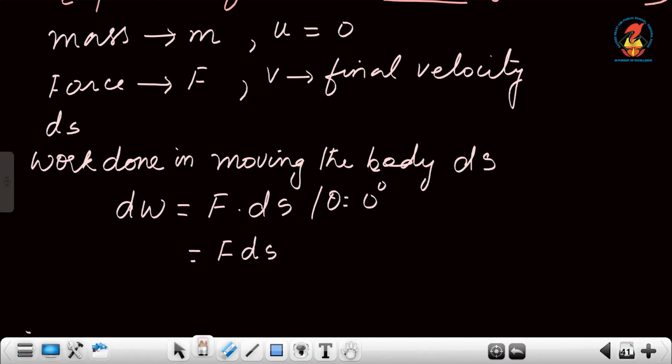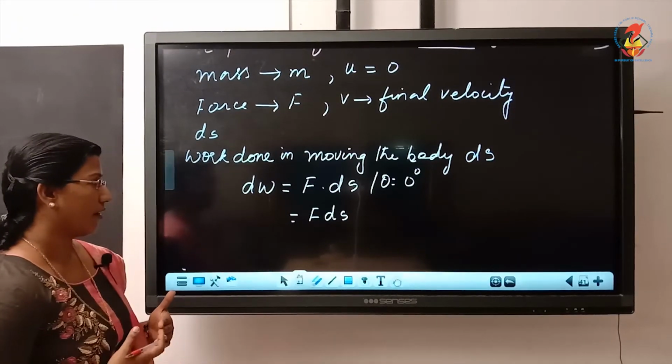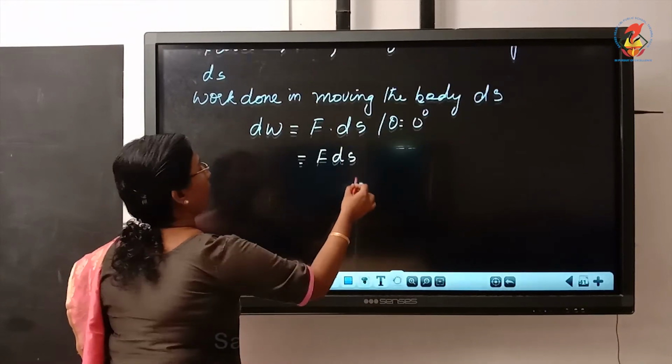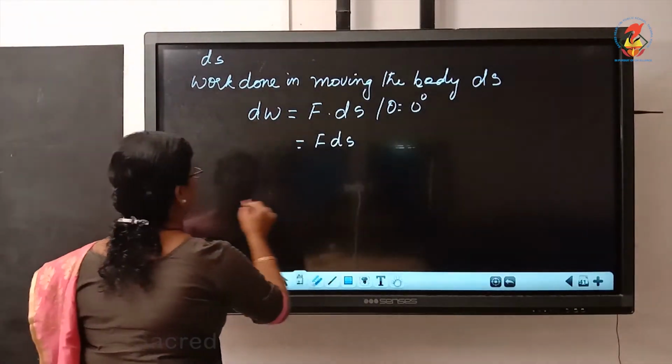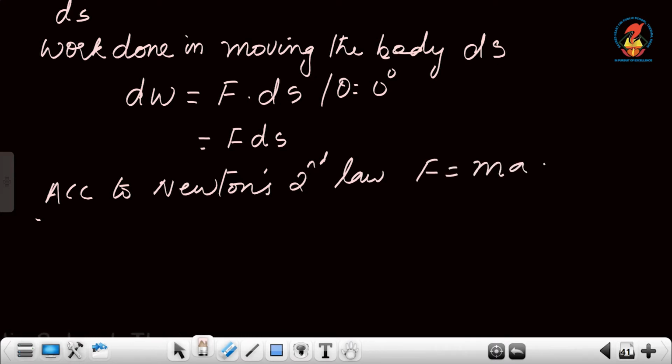Now, according to Newton's second law, F is equal to m into a. So we can write dW is equal to m a ds.